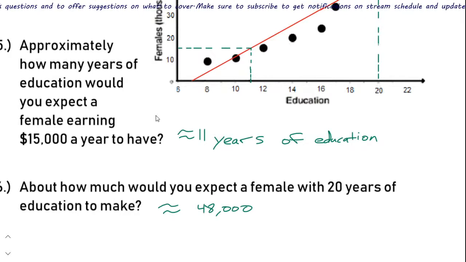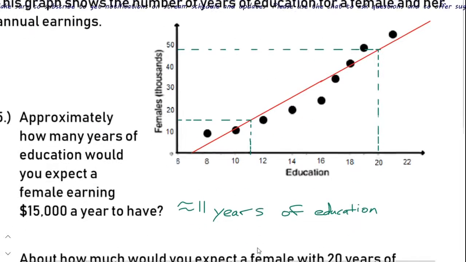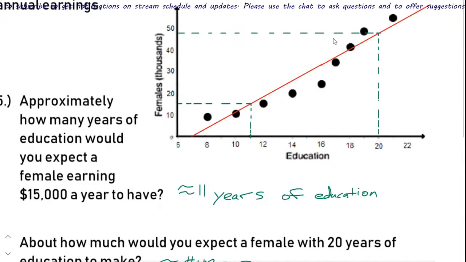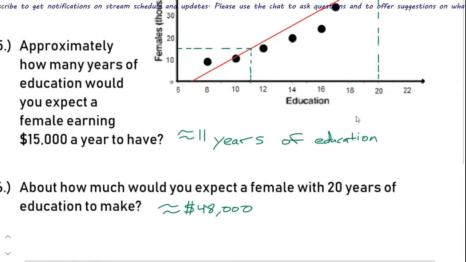So I'm going to try it one more time. Oh my goodness. It's about 48,000 based off of where we got on the graph here. So based off of that. All right, let's try another one.